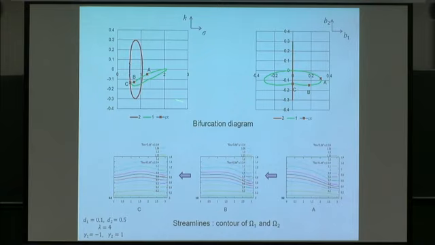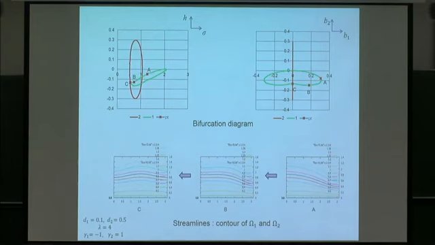And the right diagram is a view from the sigma direction. Green curves represent the mode 1 branch, and red ones represent the mode 2 branch.